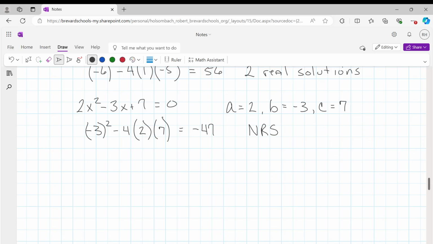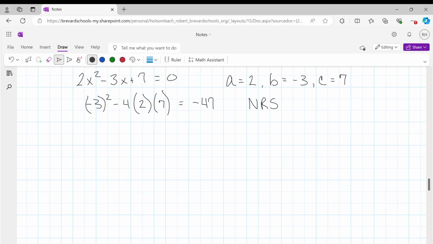All right, so any questions on what you're going to be doing today? You're just going to be finding the discriminant. Evaluate the discriminant for each equation. Determine the number of real solutions. All right, make sure if there's a distributive property to do or anything like that, that you get that done first.